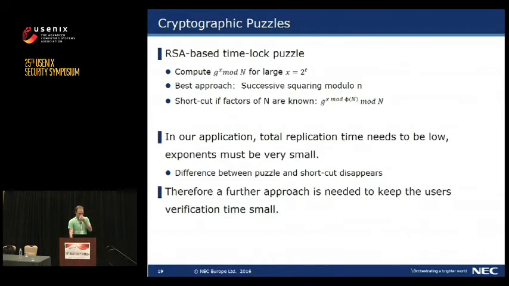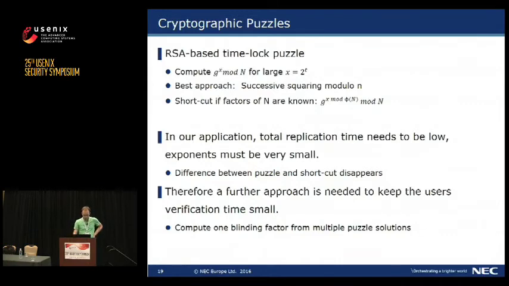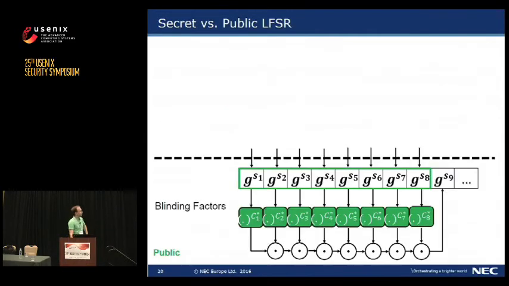So we looked for another way, and how we could involve several of those puzzle solutions to obtain one blinding factor. And well, if you multiply several of those puzzle solutions together, you end up with a structure very similar to a linear shift register, just transformed into the multiplication domain.